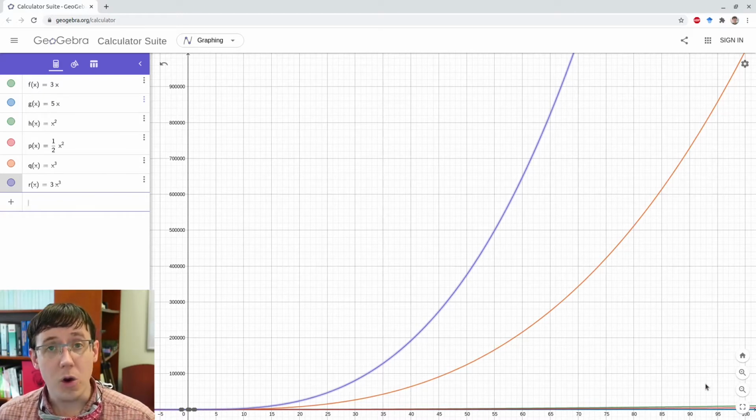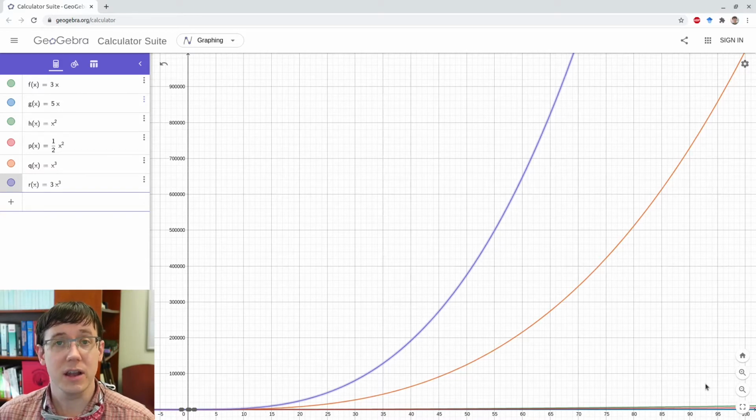So big O and related notations give us a way of comparing the growth rate of different functions, which then lets us classify different types of functions that grow similarly versus others that grow at a very different rate. So let's go to the whiteboard and talk about the formal definition of big O and related notations.